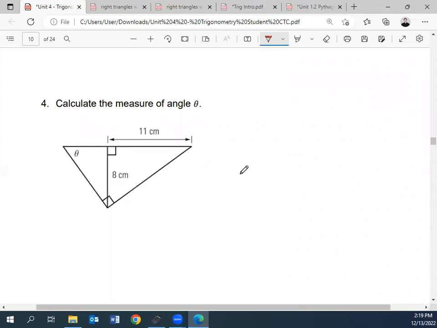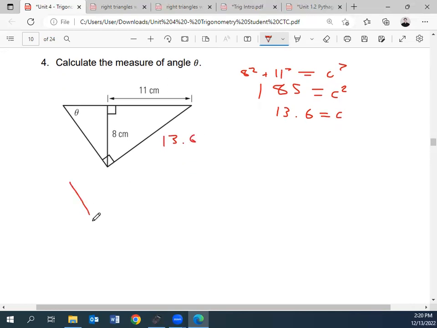Let me try and solve that. So if you know.